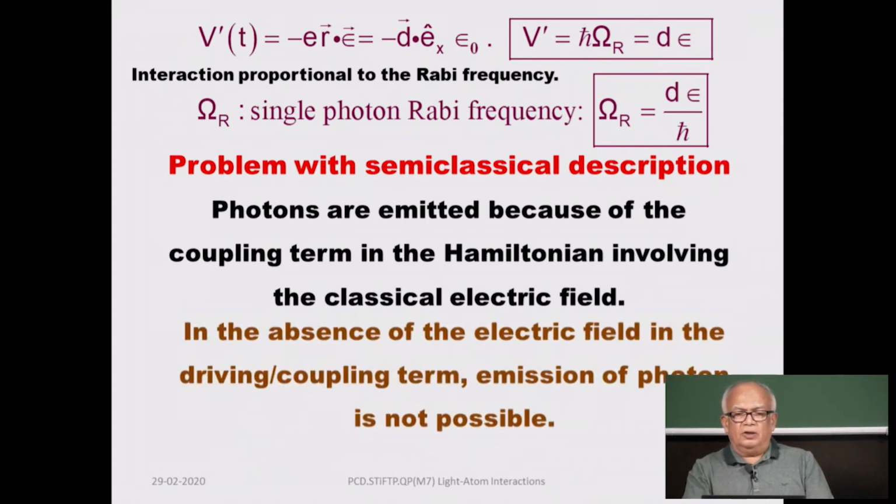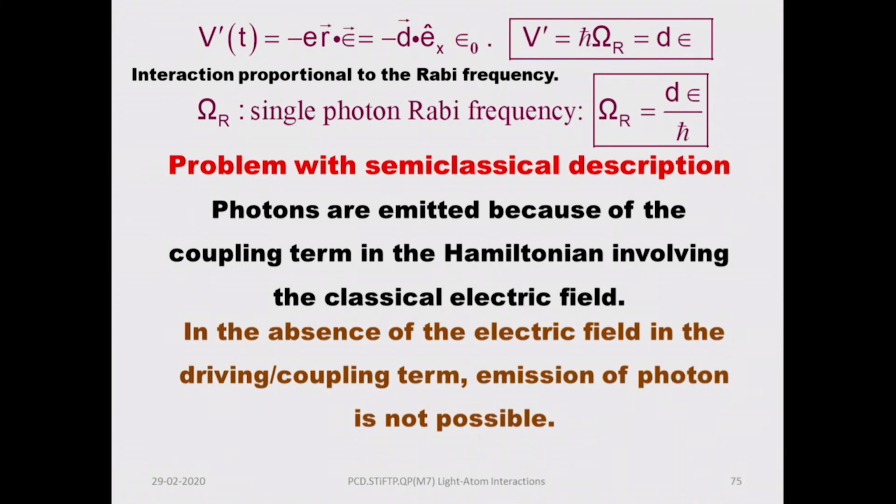That dying out of Rabi oscillations is sometimes called the collapse, but then there is also a revival which is possible, and that is possible because the model that we have used over here is not quite correct. It is semi-classical, and we really need a quantum description of the electromagnetic field.